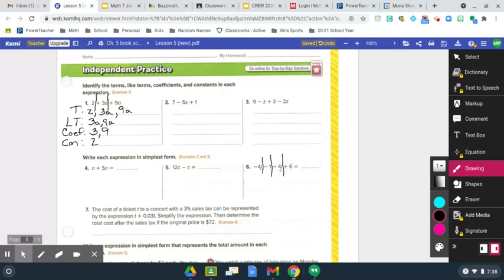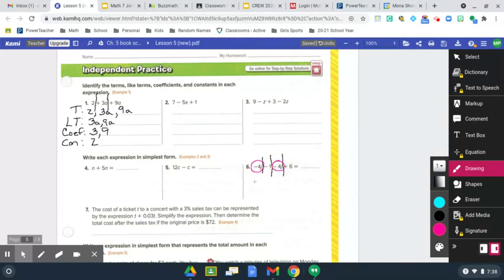Now, we're writing each expression in simplest form, which means the next step is to group together what's similar. So I'm going to change my colors here. I look in that expression and I see J's. So I know that this negative 4J and this negative 4J are considered like terms.